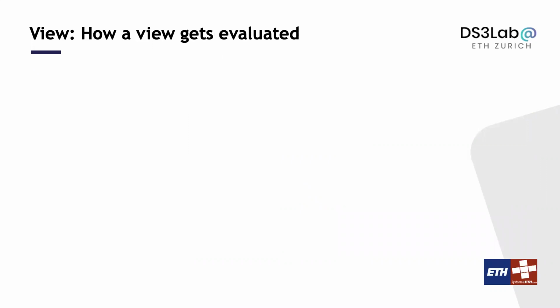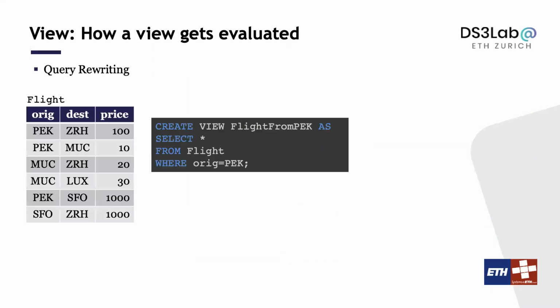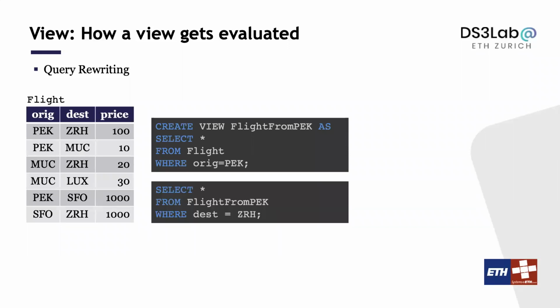So another thing is, once you define a view, how is it evaluated? Because a view is simply a name for a certain query, whenever you are evaluating a view, the system is going to do query rewriting. For example, in this example, I have a view flight from PEK, right? And I'm querying this view.